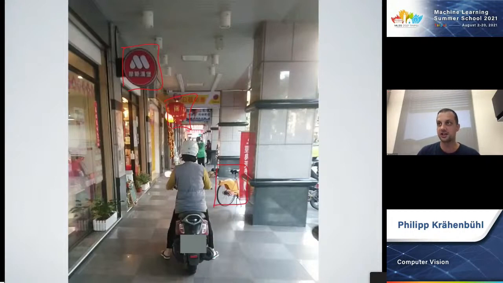Now, there's more than just objects in this image. What else could you tell about this image or the video? Another good answer is when was this captured, right? For example, what season is it? What year? Also, what time, maybe time of the day.